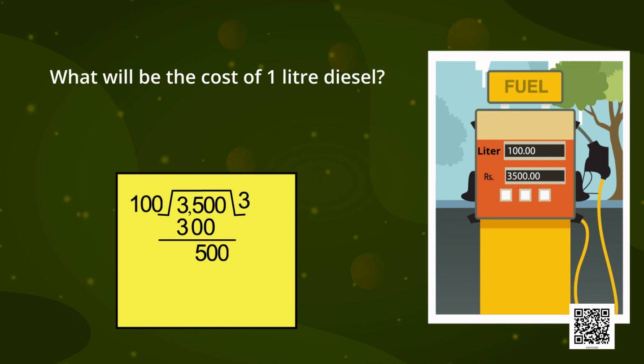Now 100 times 5 is 500. We write 500 below this 500 and subtract. So 500 minus 500 is 0. Thus, dividing 3,500 by 100, we get 35. That means the cost of 1 liter diesel is 35 rupees.